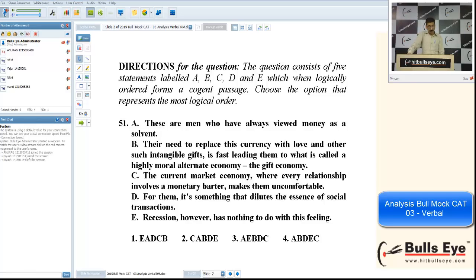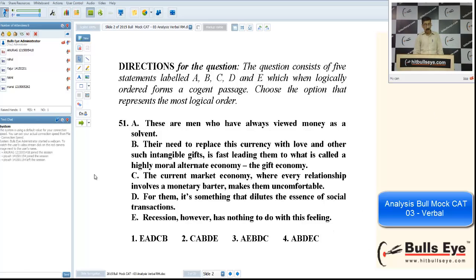And after that, C, the current market economy where every relationship involves monetary barter makes them uncomfortable. So the social relationships have been diluted here. If money is taken into account every time, this will dilute them, and this feeling makes them uncomfortable. So the answer is clear, EADCB.